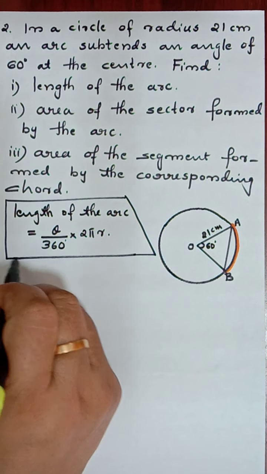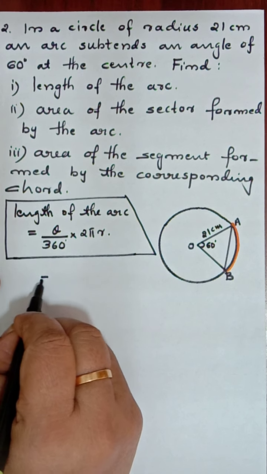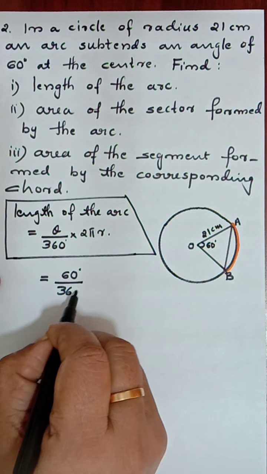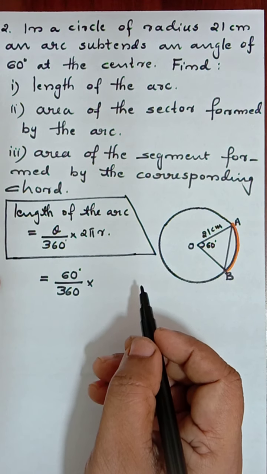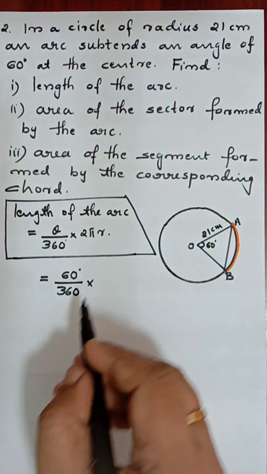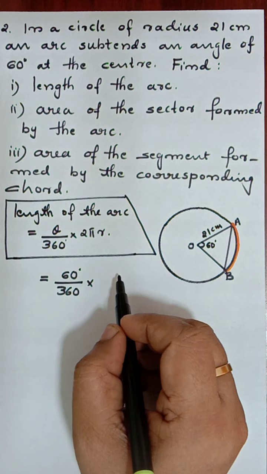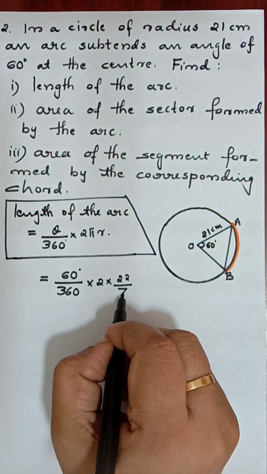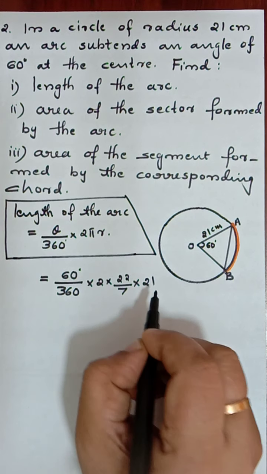Now we are going to substitute in the formula. That's equal to 60 degree divided by 360 into, here pi value is not mentioned, so we'll be able to do it using 22 by 7. I'll be substituting 22 by 7. 60 by 360 into 2 pi r. 2 into 22 by 7 into radius is 21.